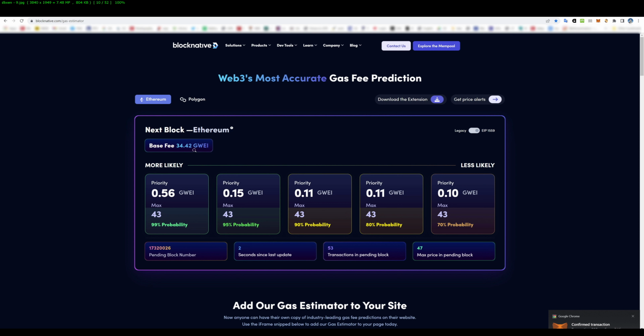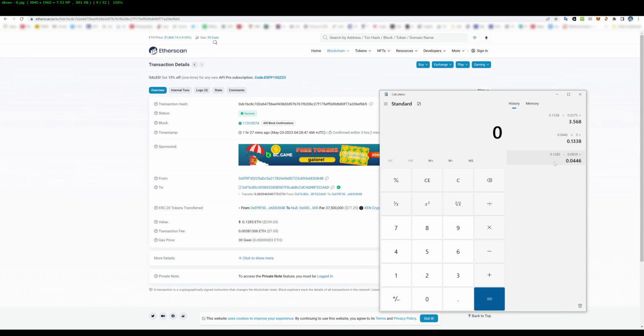As I said, most likely you will pay the least amount in GWEI for a transaction from 6 UTC till, let's say, 9 or 12.